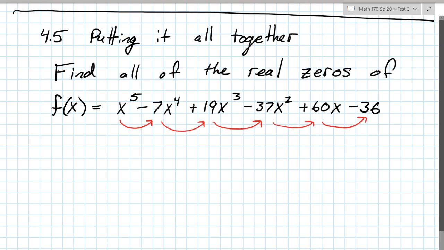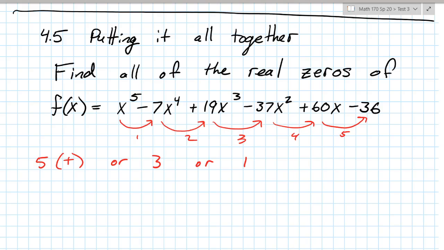What that tells us, we have 1, 2, 3, 4, 5. So we may have 5 positive zeros, or 3, or 1. Remember to reduce that by 2 each time. So there's definitely going to be at least one positive zero there.